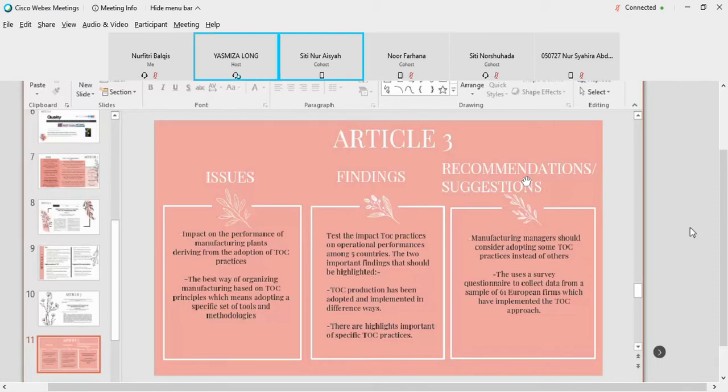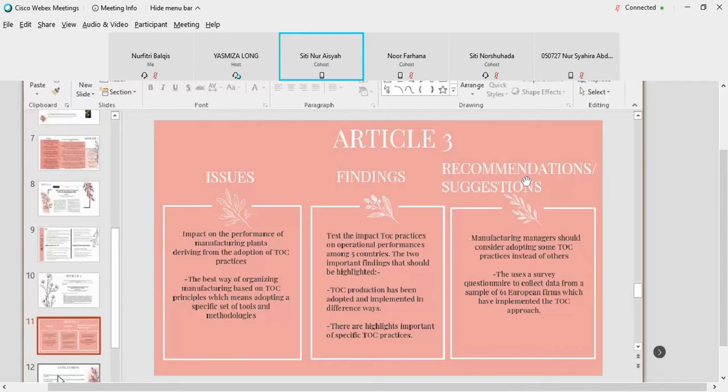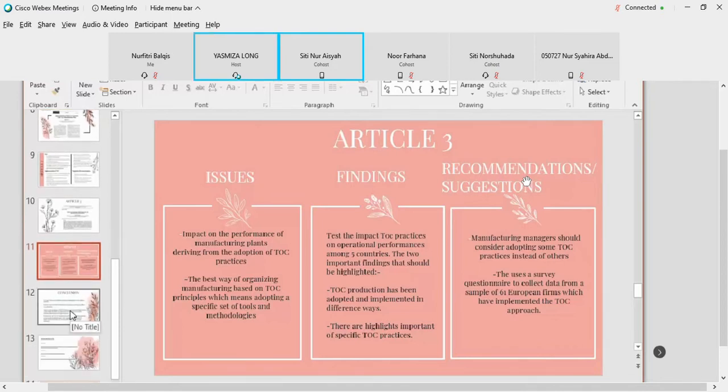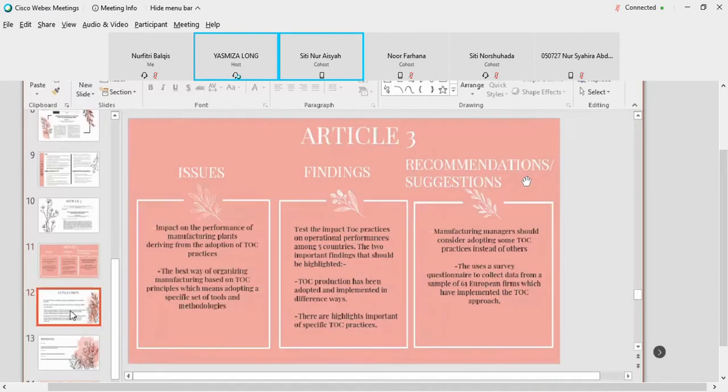In British plants, TOC has been adopted earlier than other countries. Next, the close connection between high manufacturing performance and TOC indicates that the British are effectively utilizing TOC practice to improve operational performance in terms of inventory level.